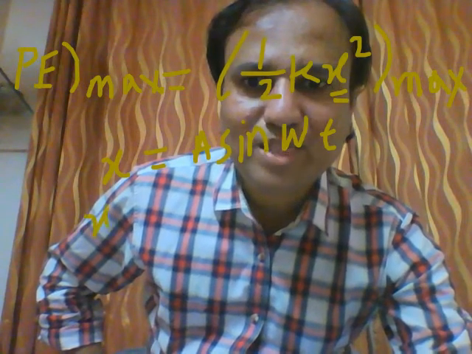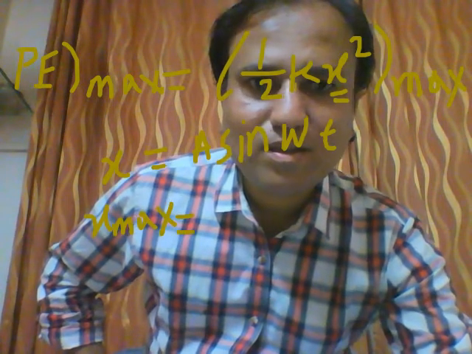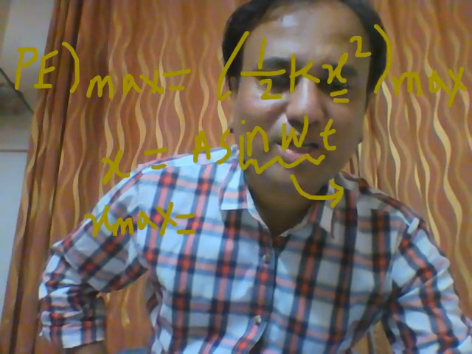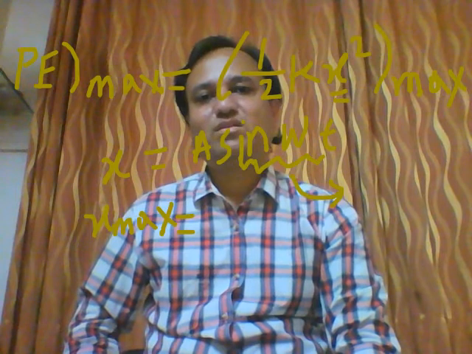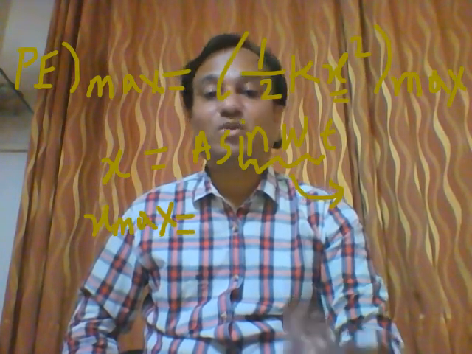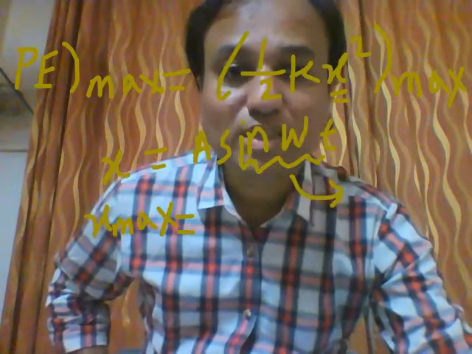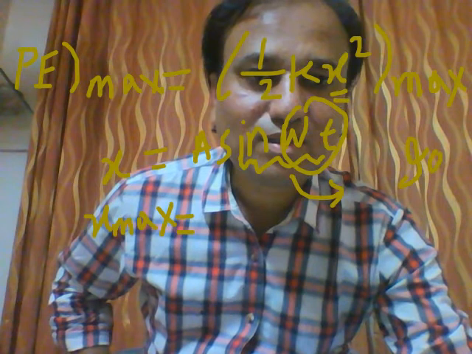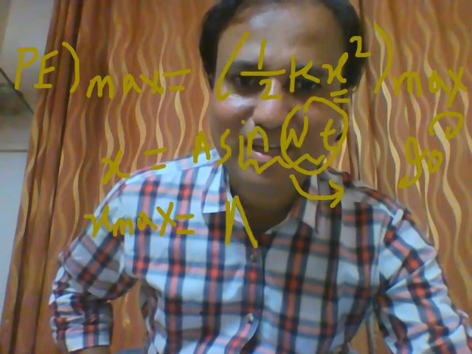So x will be maximum when this sin omega t term becomes maximum. The maximum value of sin omega t is 1, when omega t is 90 degrees. So x max is a. Write it, student.